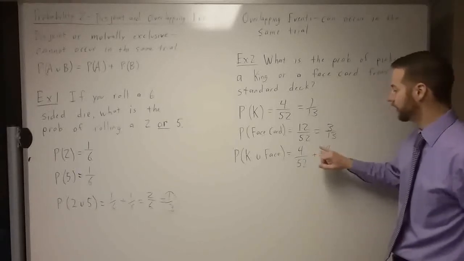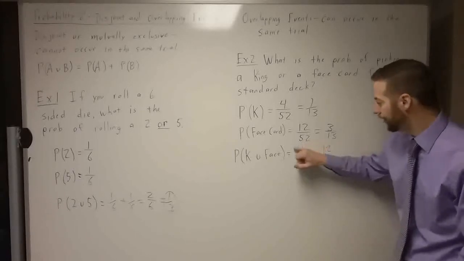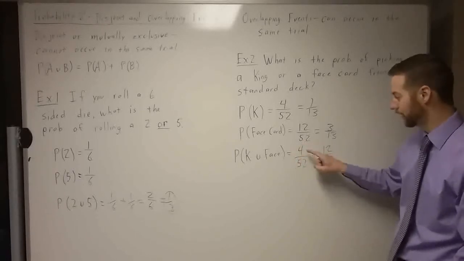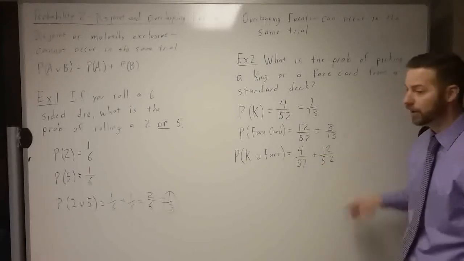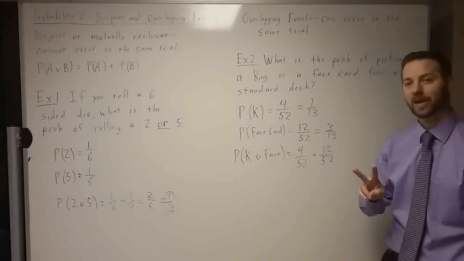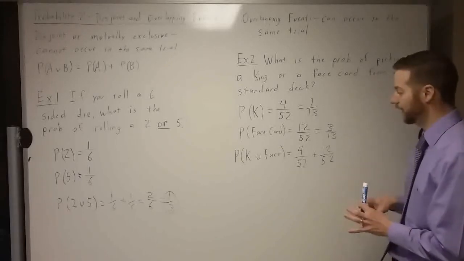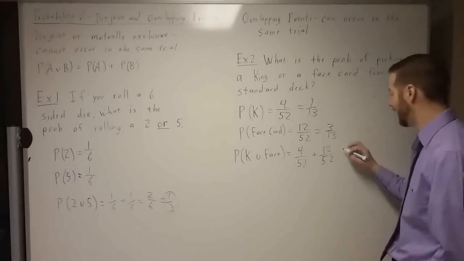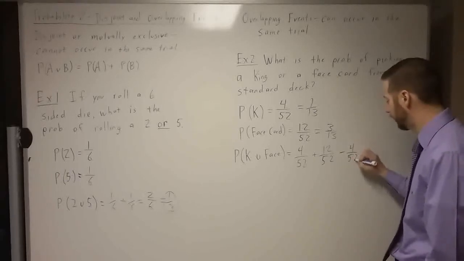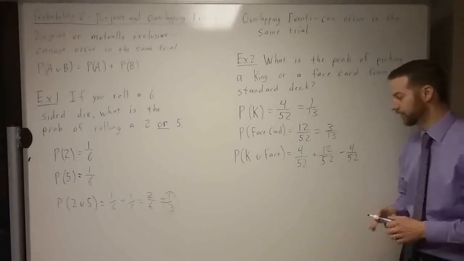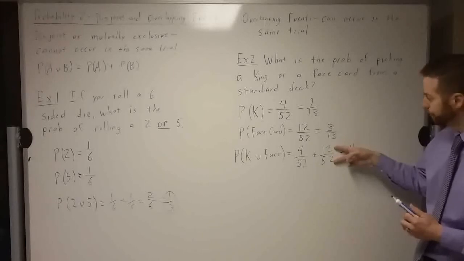So since I counted the 4 kings and the 12 face cards, all the kings got counted in this group and got counted in this group, which means they all got counted twice. That's a problem. And so if I want to have just the kings counted once, then I have to subtract them off one time. So let me go through that explanation again, because I feel like this is the hard part of this. So there's 4 kings, 12 face cards.